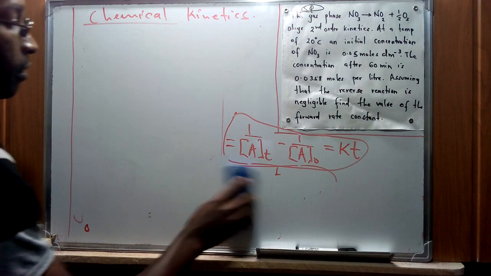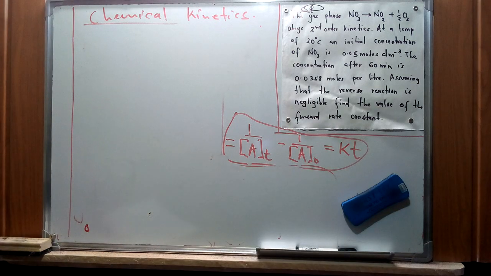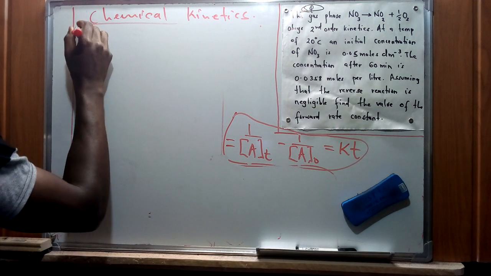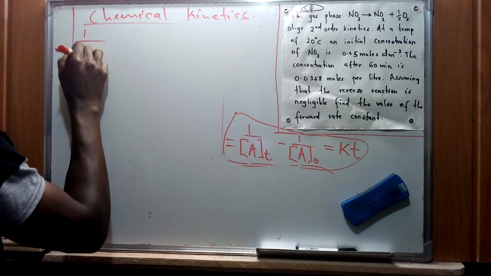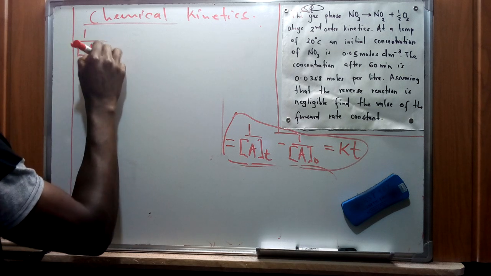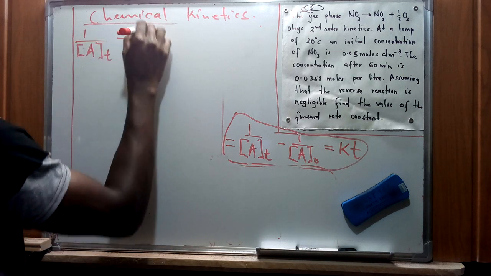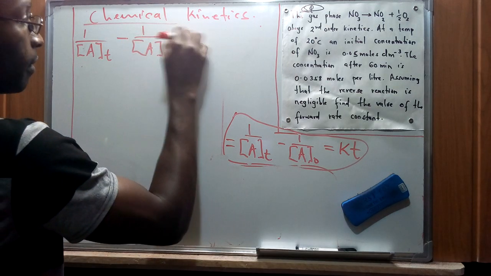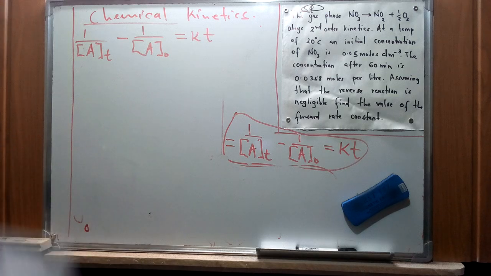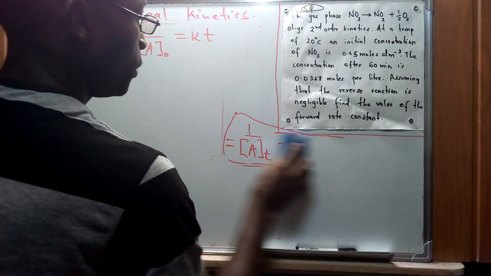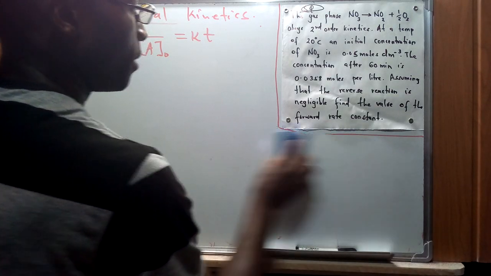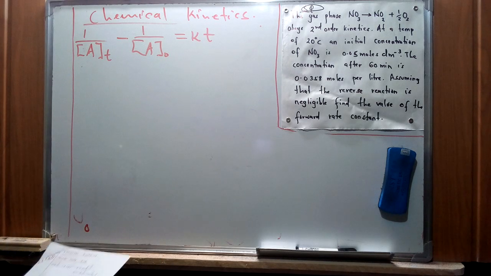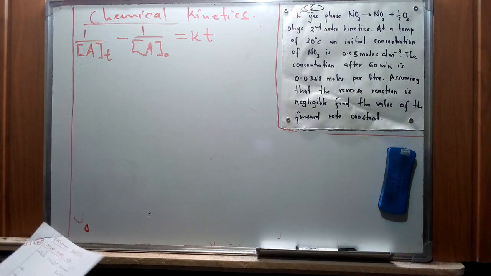So I'm going to write it over here. So therefore, for a second order reaction, we're going to have the concentration at t minus 1 over the initial concentration of A equals kt. If you look at this equation, it is analogous to the equation of a straight line.